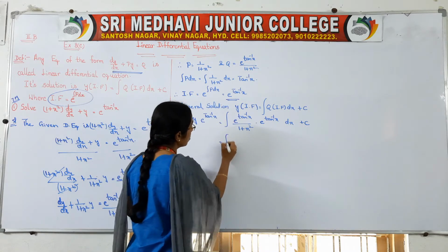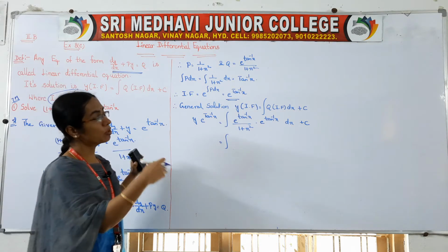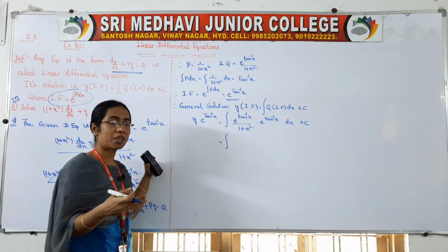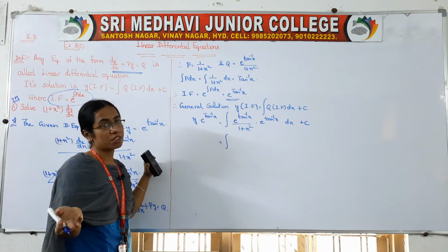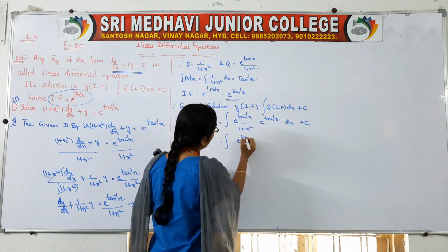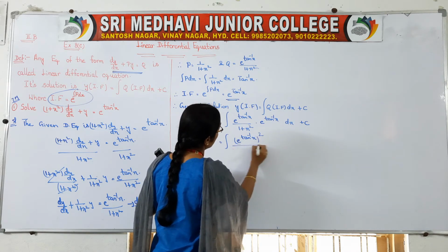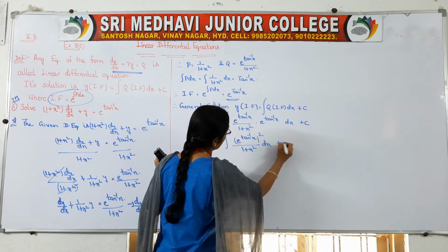That is equal to integration of e to the power of tan inverse x into e to the power of tan inverse x. We are multiplying the same value two times, that means square, isn't it? So it is e to the power of tan inverse x whole square by 1 plus x square dx plus c.